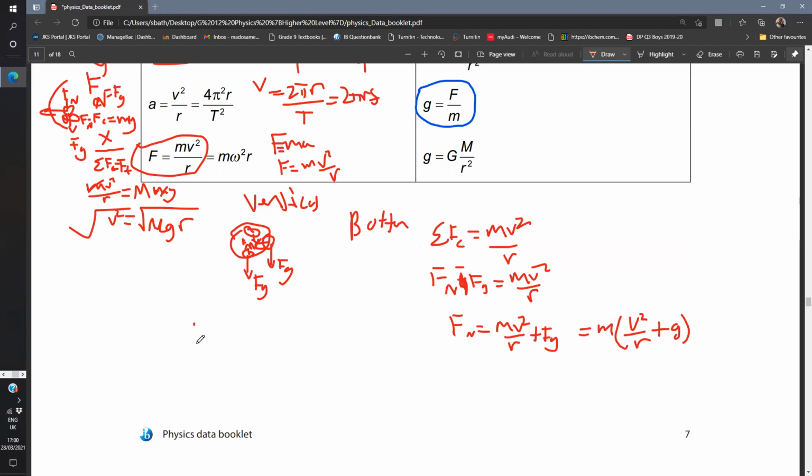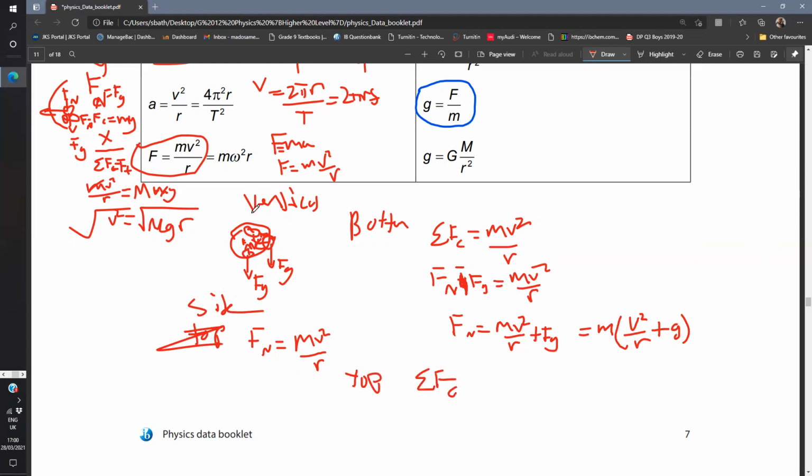Okay, and then if you want to do it from the top, it is basically Fn is equal to mv squared, because it's basically directed towards the center, so centripetal force. And we know that it's opposite the surface. So this is Fn. And lastly, from the top, so this is, sorry, this is the side. So from the top, it's going to be summation of Fc.